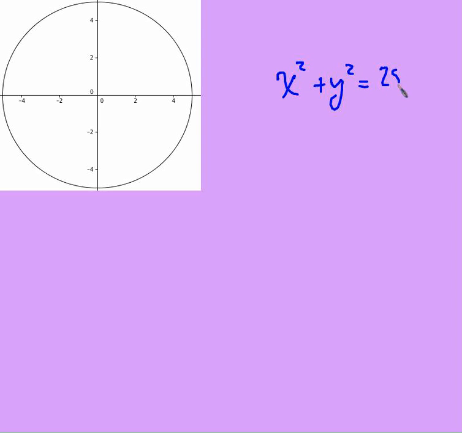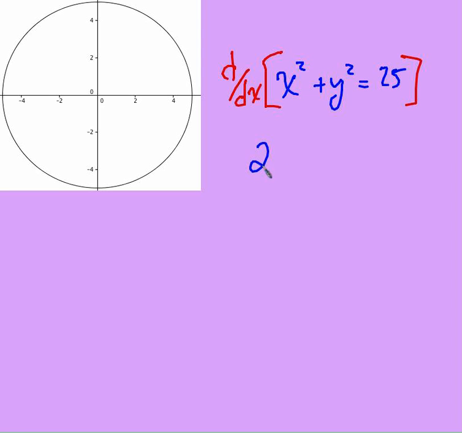If you take the equation of a circle and you do implicit differentiation, I'm going to take the derivative of each one of these terms, the two on the left and the one on the right.